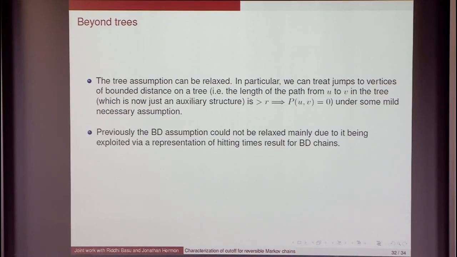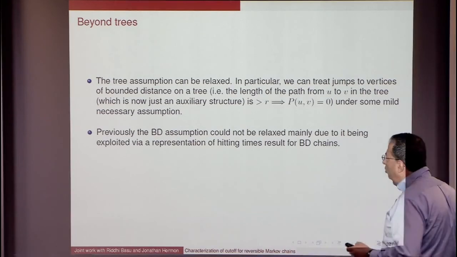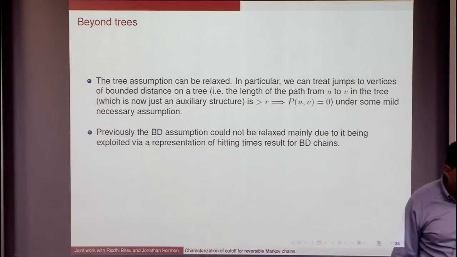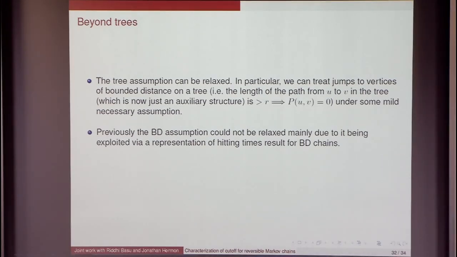Beyond trees, this technique can allow for chains that have some rough tree structure. For instance, suppose you have fixed some constant r and you're only jumping distance bounded by r, then the theorem still holds: when you have the product condition, then you have cutoff.